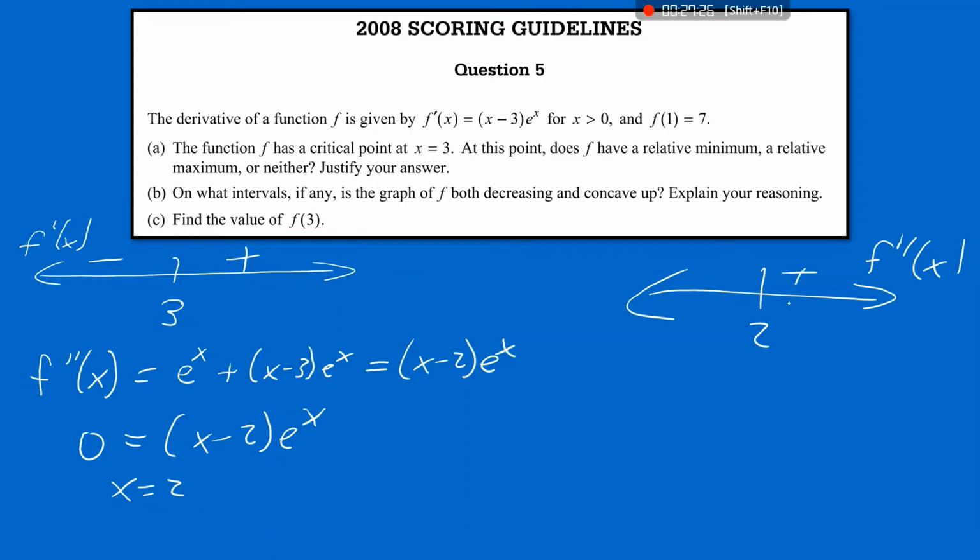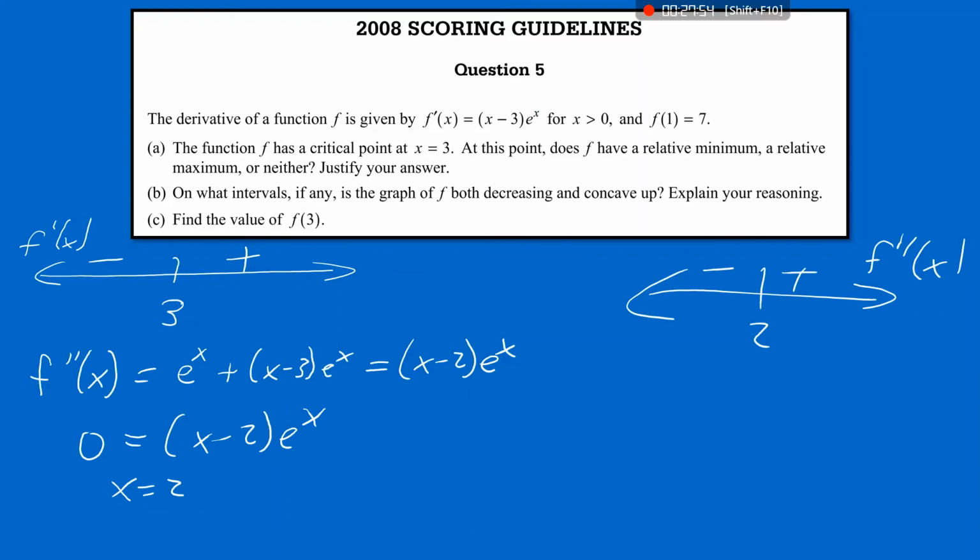I am concave up after 2 and concave down before 2. If I plug in 0, I'll be negative. If I raise e to a negative number, then it'll just be 1 over something, and it'll still be positive. So no matter what you plug in for x, this part is positive. So the only thing changing the sign is this x minus 2. Okay, any questions how I got my intervals?